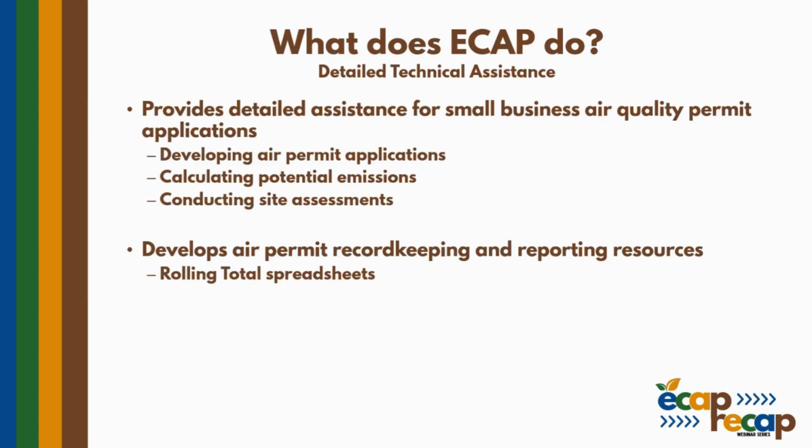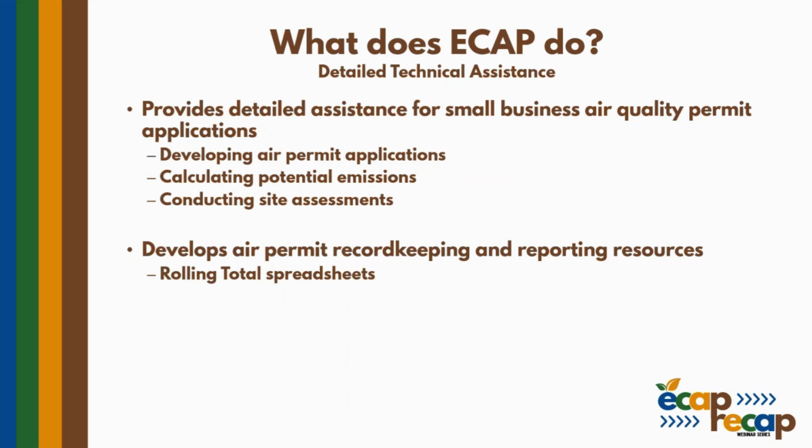One of ECAP's major duties is providing technical assistance. As I mentioned on that last slide, one of our specialties is providing assistance to small businesses, specifically with questions related to air quality. Some of that technical assistance includes site visits, potential emission calculations, and we can even work with small businesses and help them develop entire applications for air permits.